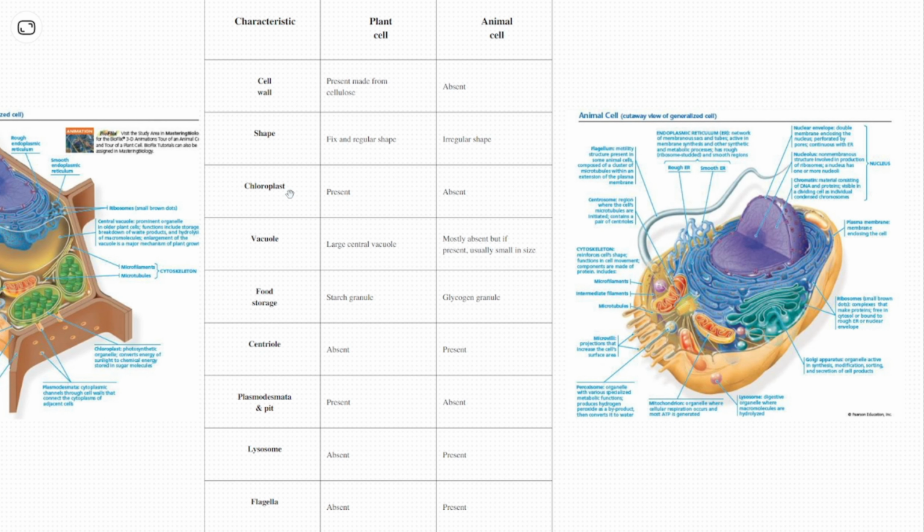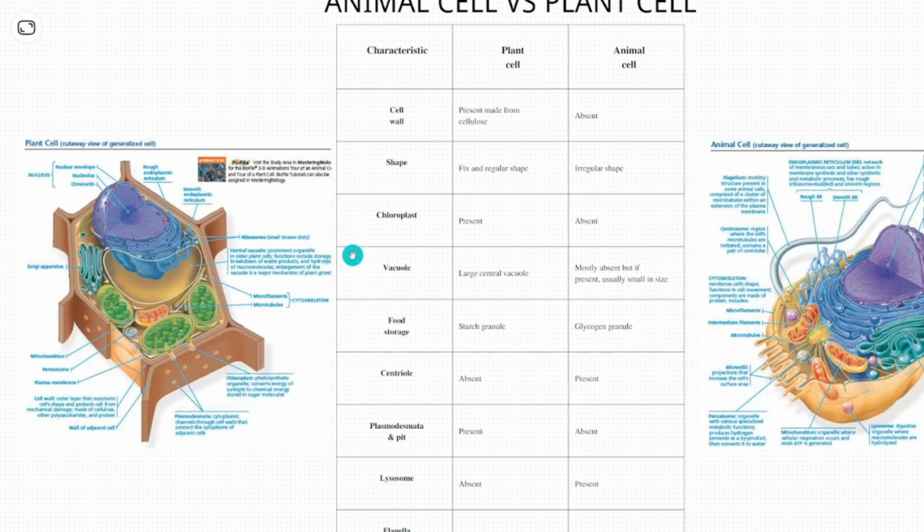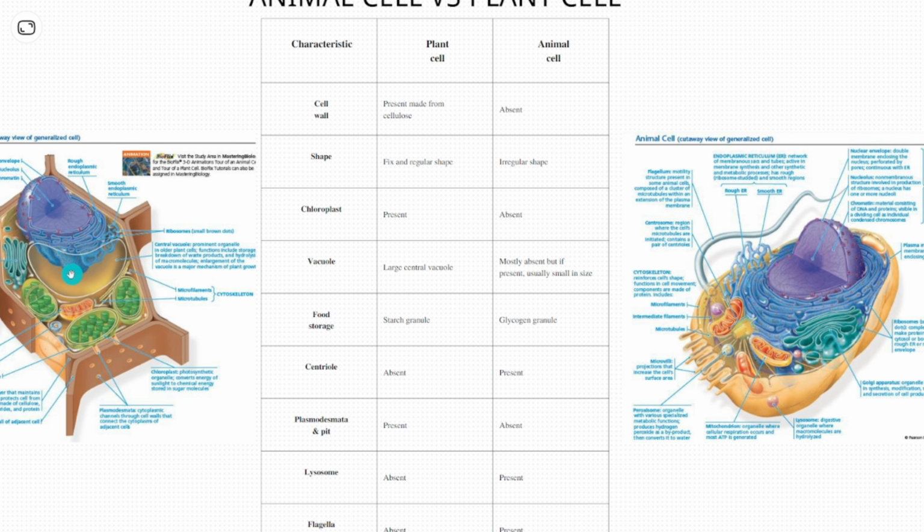And then chloroplast, as I mentioned, is present in plant cells and absent in animal cells. Vacuole also: plant cells have a large central vacuole. In animal cells, you cannot say it is absent, but if present, it is normally a food vacuole, and very small.